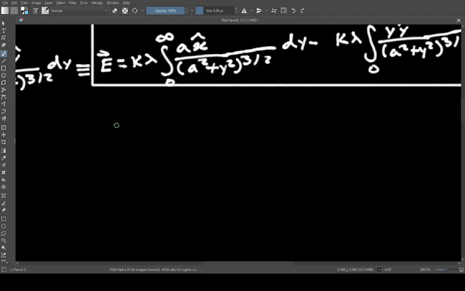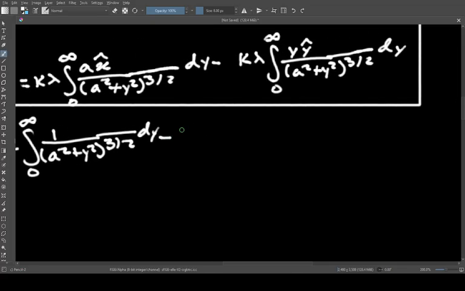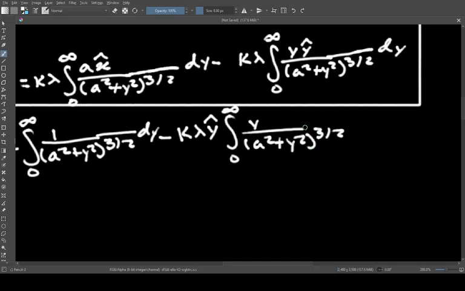We can now write E is equal to k lambda a x-hat times the integral from 0 to infinity of 1 over (a squared plus y squared) to the power of 3/2 dy, minus k lambda y-hat times the integral from 0 to infinity of y over (a squared plus y squared) to the power of 3/2 dy.